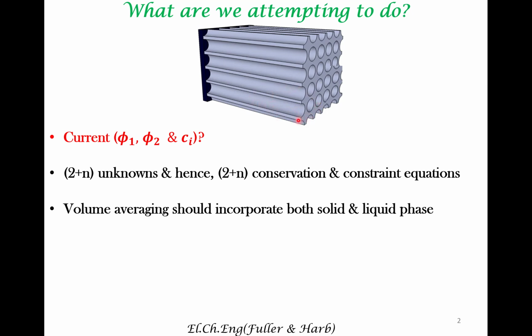My volume averages are bigger than the small pores which contain the electrolyte, or the small elements which contain the electronic conductor. So it has to be greater than either of these small features, so that I can get a homogeneous description across the porous electrode. This is similar to averaging, which you might have seen in continuum mechanics. For example, in your first fluid mechanics class, we might have defined density.